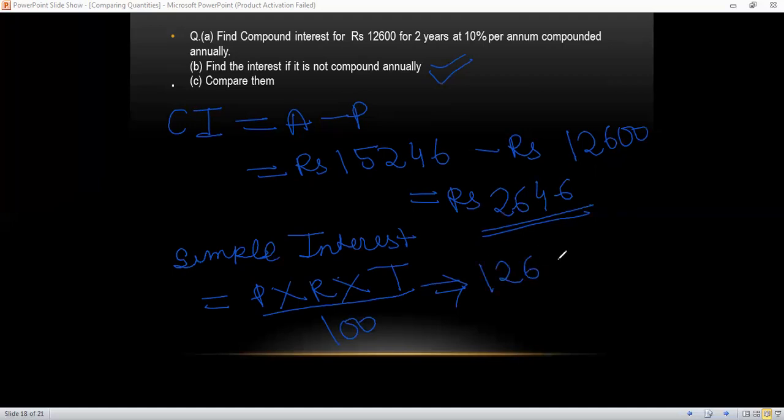Multiply it. The zeros will cancel, and multiplying the numbers, you will get the simple interest.